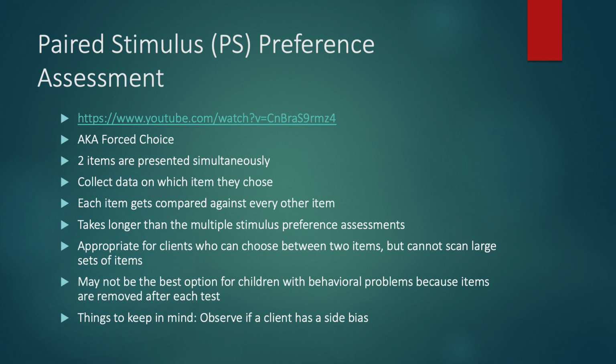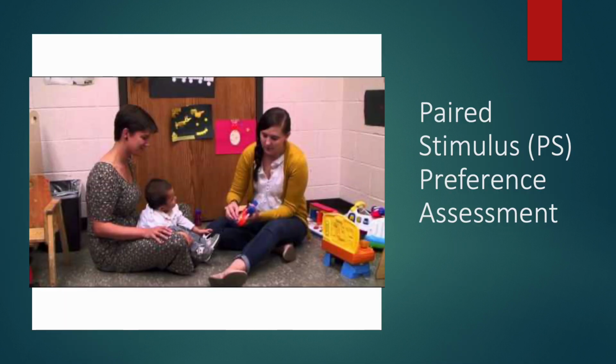So for example, they might have a right side bias, meaning that they're always going to choose whatever item is presented on the right, and they're not necessarily going to be focused on what the specific item is. And this is why I mentioned that every single item is going to be compared to each other. Let me show you what the data sheet looks like and the steps for running this preference assessment, as well as a little video sample of the preference assessment.